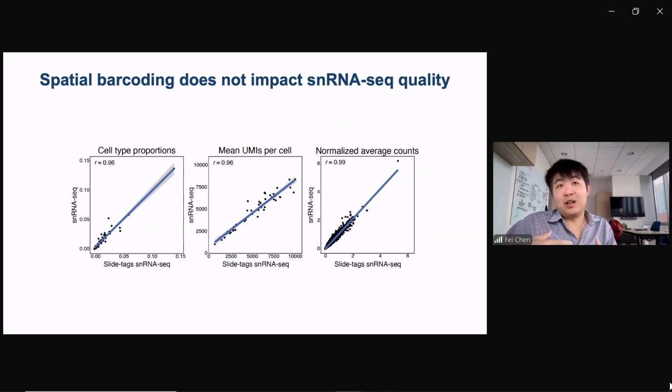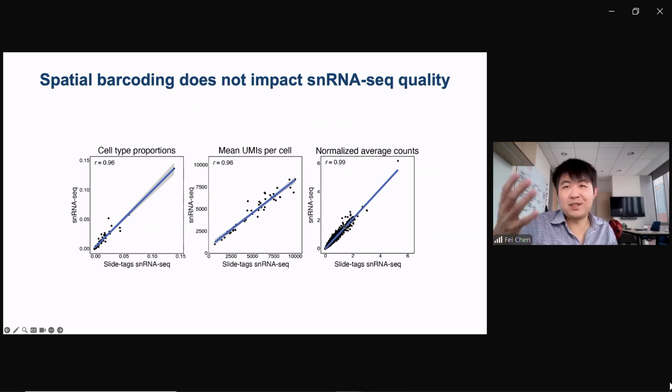And then you do your single cell or single nucleus experiment the same way, but it doesn't affect your single nucleus RNA-seq quality. Here you can see on serial experiments where we ran normal single nucleus RNA-seq or Slide-tags, you get the same cell type proportions, the same number of mean molecules per cell, thousands of molecules per cell, same normalized average counts for a given cell type.